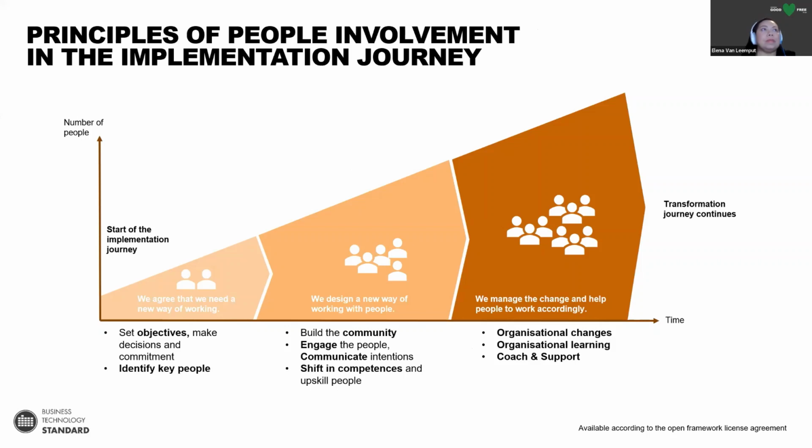So here we're defining this basically within a phase, within a time period, or during the period of implementation. When you start it, what you need to consider and how do you engage the people. So here we can see the engagement chart.